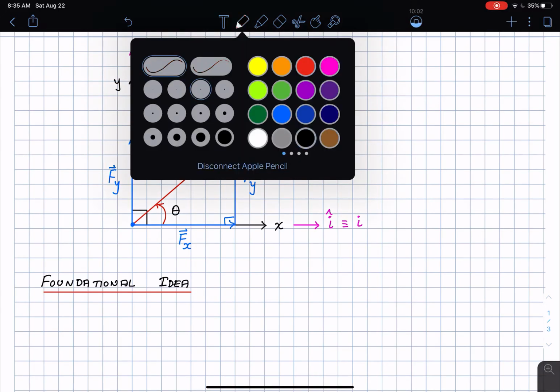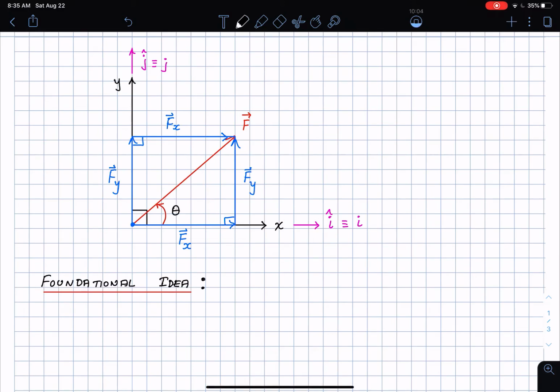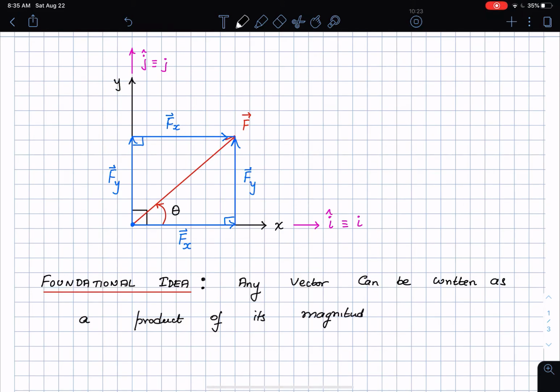So the foundational idea is the following: any vector can be written as a product of its magnitude times the unit vector along its direction.